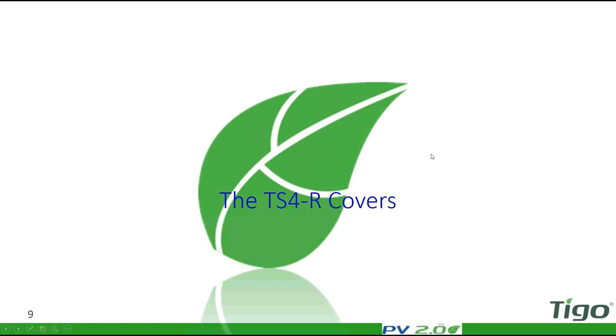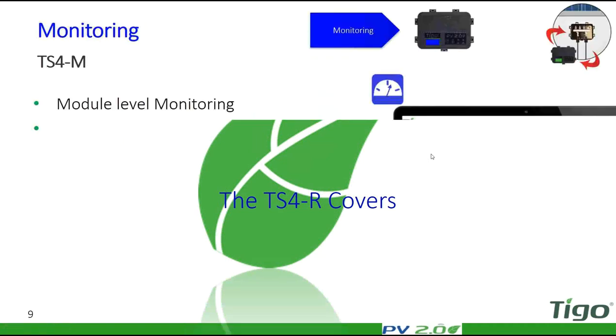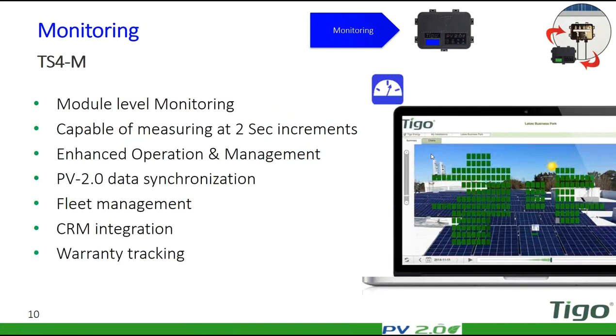We're stuck. All right. So, a bit more in depth about the different covers. Monitoring gives us module level monitoring. Basically, you can see with that cover power of each individual module, current and voltage.